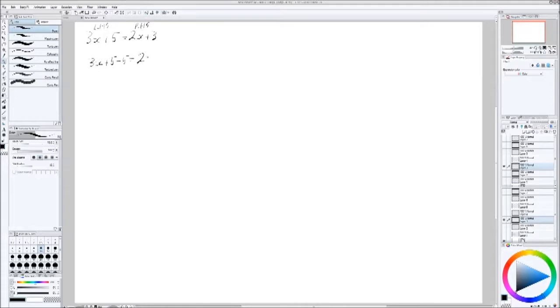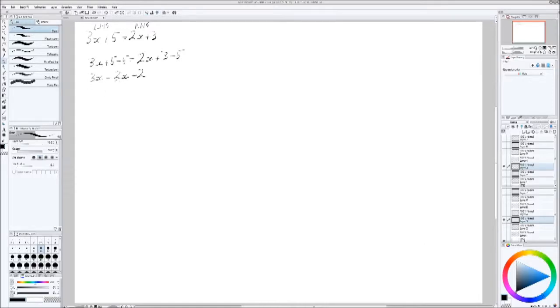So that's going to be 2x plus 3, and then we have to do the same thing again, subtract 5. So simplifying that, we end up getting 3x is equal to 2x minus 2, because 3 minus 5 is negative 2.